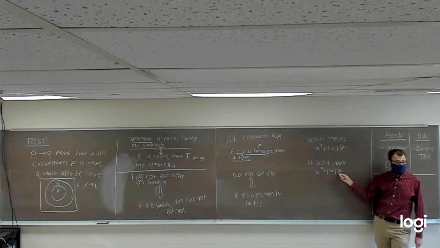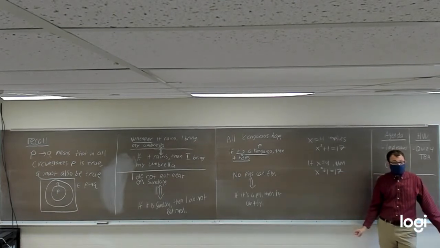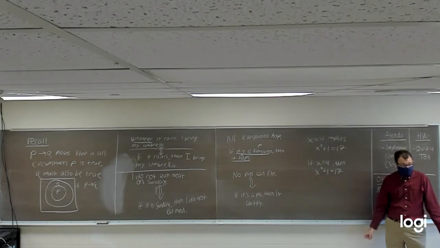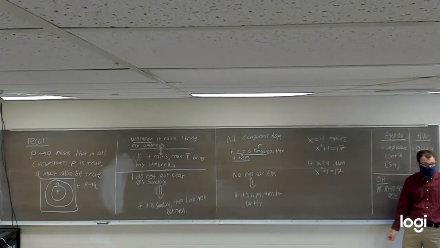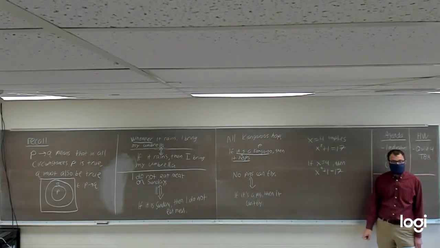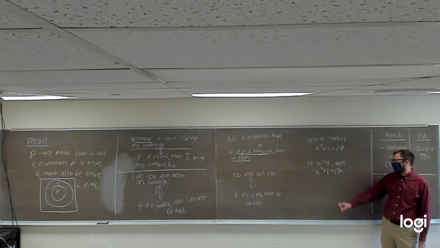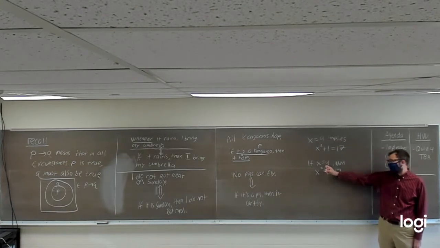Is this a true statement? What if I wrote it the other way around and said, if x squared plus 1 equals 17, then x equals 4? Well, if x is allowed to be negative, then that could be false, because you could also have x equals negative 4. That would make this one true and that one false.